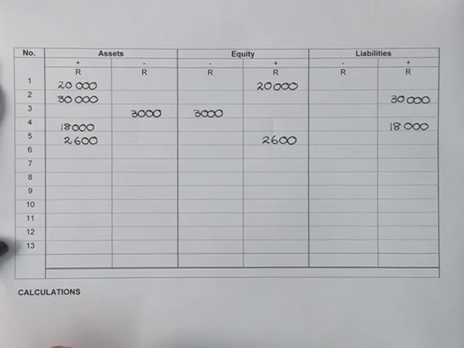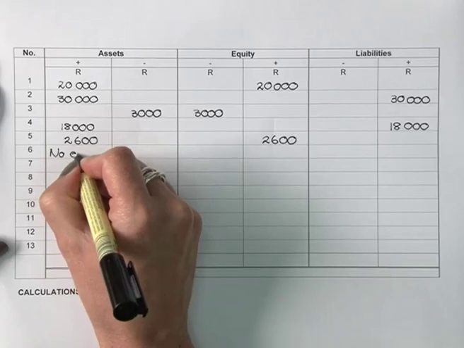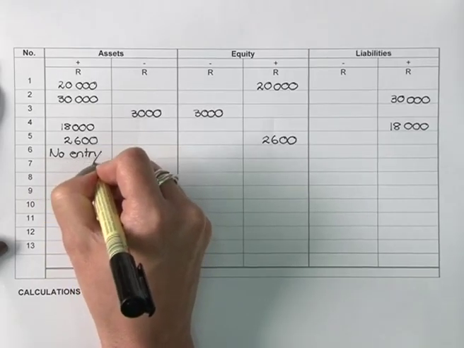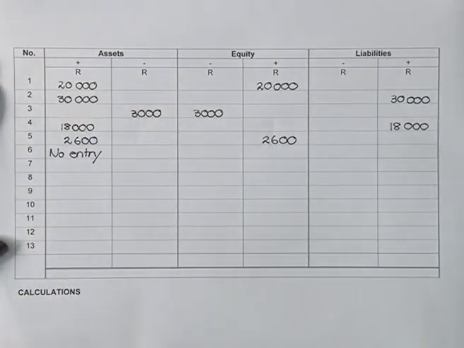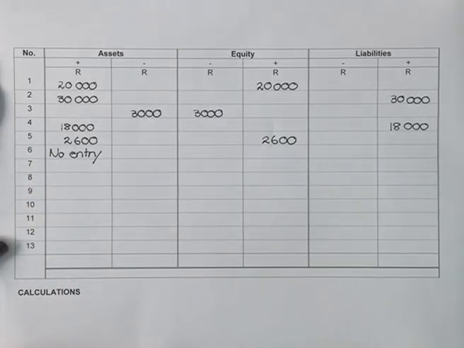So at this point, for number 6, there will be no influence on the basic accounting equation. Remember, you need to adhere to the rules of the accrual concept, and in the accrual concept, we need to account for expenses incurred and income earned. No expense has been incurred for transaction number 6.